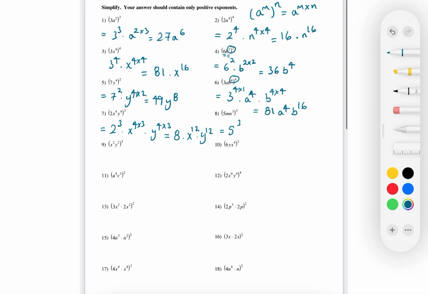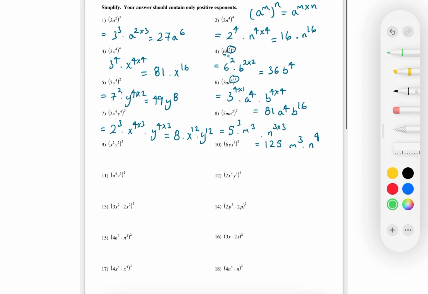For number 8, 5 raised to the power of 3 times m raised to the power of 3 times n to the power of 3 times 3 again. Actually, the m doesn't have a power of 3 inside, so it's going to be 3 by itself. So that's going to give you 5 cubed, which is 125, m to the power of 3, which can also be read as m cubed, times n to the power of 9.